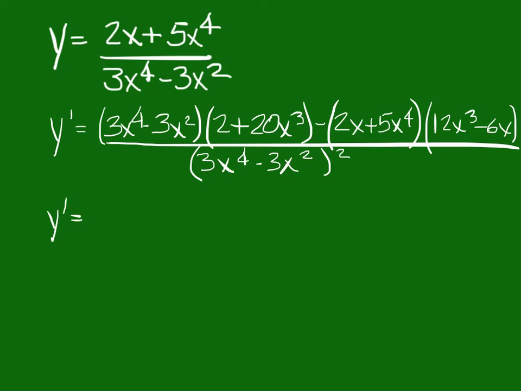Now clearly you have to multiply all of this out, and then you have to change the sign of everything that ends up in that back quantity. So I'll skip to that step since we're running out of time.